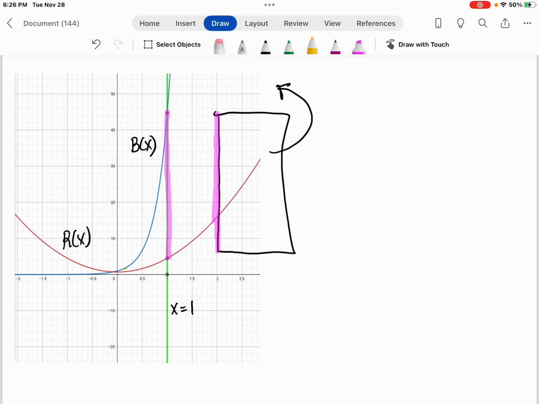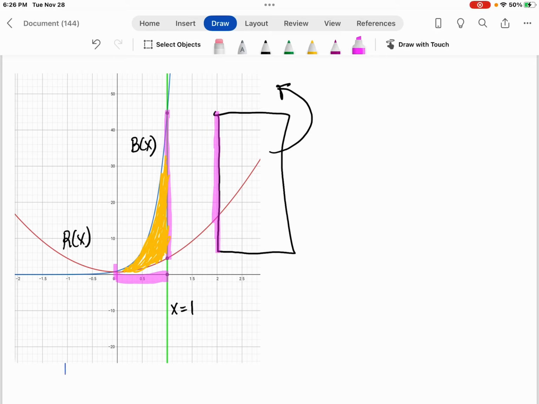So these are going to be our cross sections, and this is going to be our base where all the equations create this bounded region. So we need to find the area of each of those squares and then integrate it on the interval of interest. Our interval of interest is going to be from wherever this intersection point is to x equals 1.